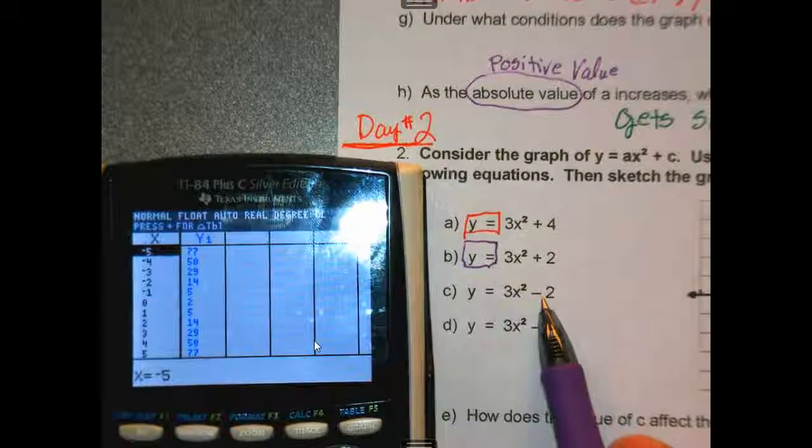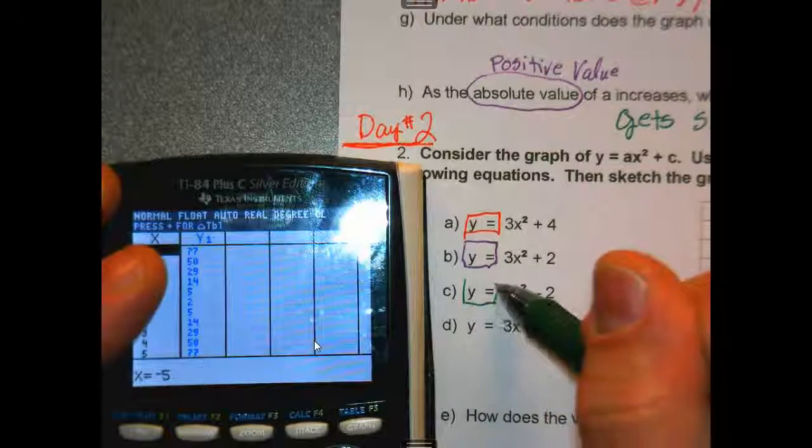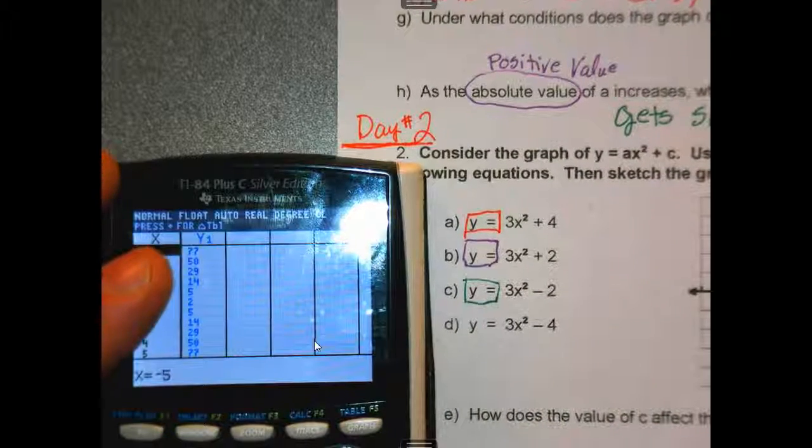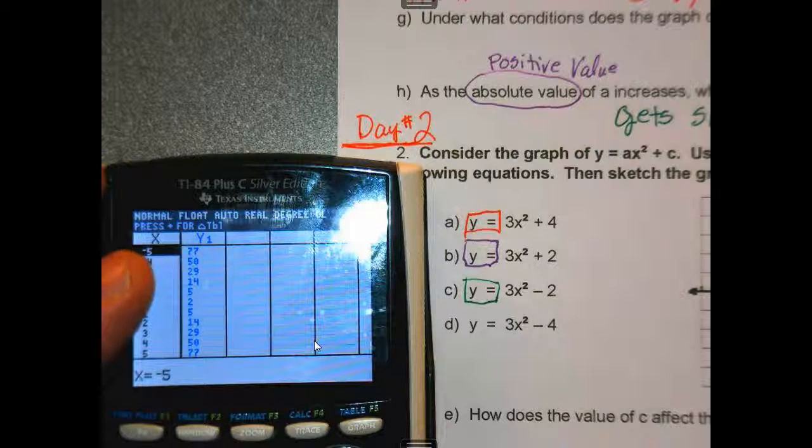Then I've got -2. So what's going to happen? Where's my vertex on that one? It's going to be -2. And we're going to have to move these down. Well, I moved this one down 1, 2, 3. So I'm probably going to move these down 3. Let's just double check.